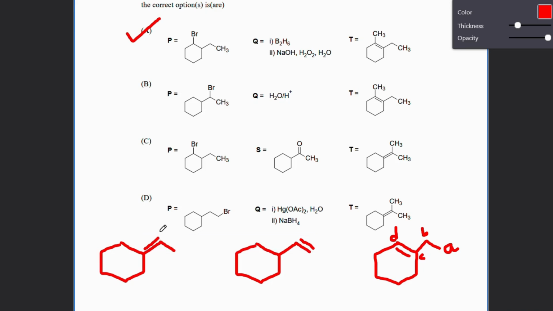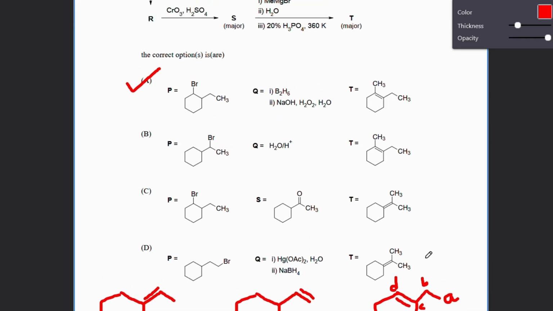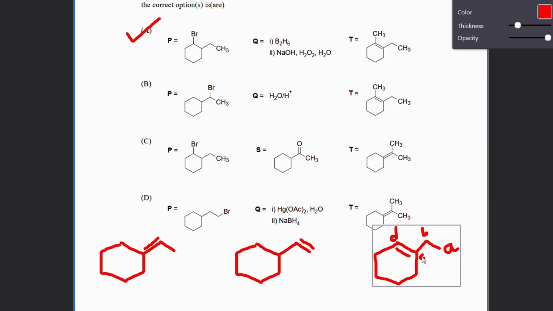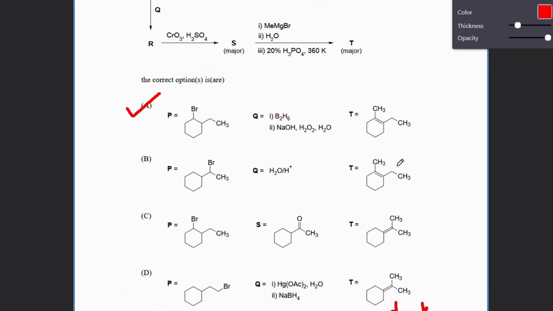So anti-Markovnikov addition takes place at position B. The next reagent given accordingly is Q, which is water in acidic medium, and therefore hydrolysis takes place, and OH is added at C position, which is a normal Markovnikov addition. So if the OH is at C position and R is that compound, on oxidation with CrO3 we do not get anything, and hence this pathway is incorrect.